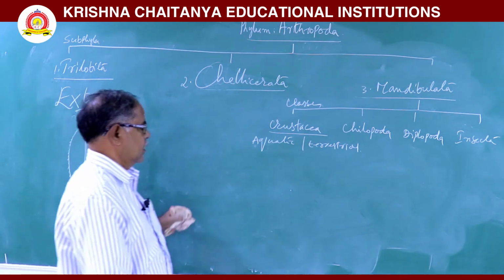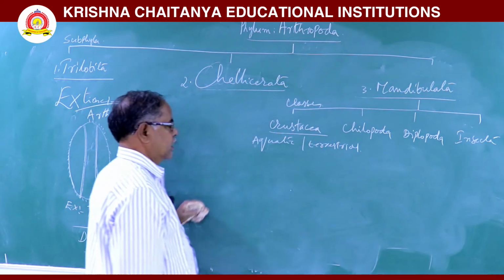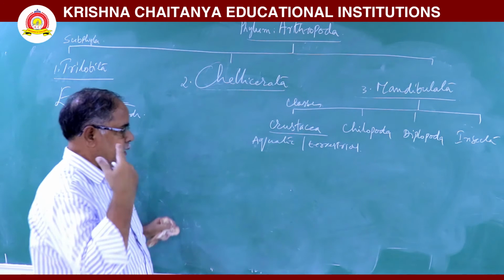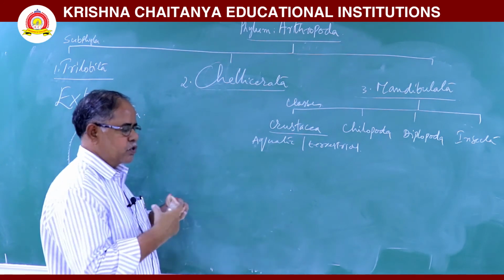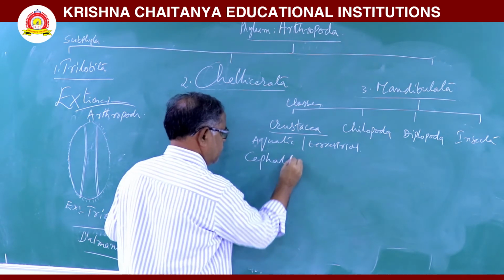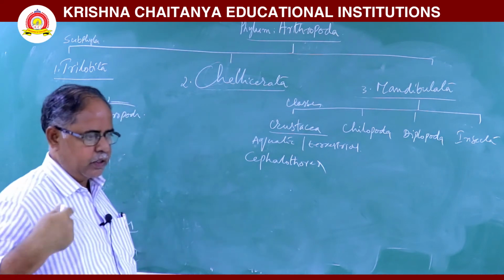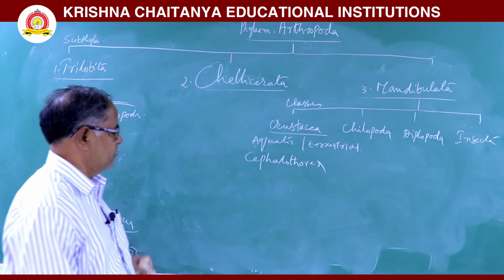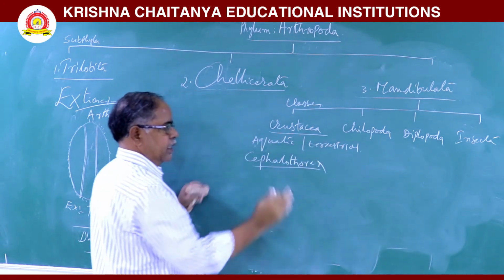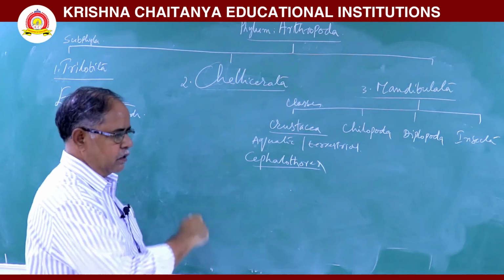Some are aquatic, some are terrestrial forms. In this animal, the head and thoracic region are fused and form the cephalothorax. This cephalothorax is covered by a carapace, a plate-like structure.